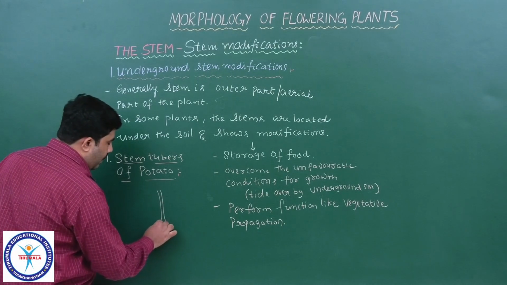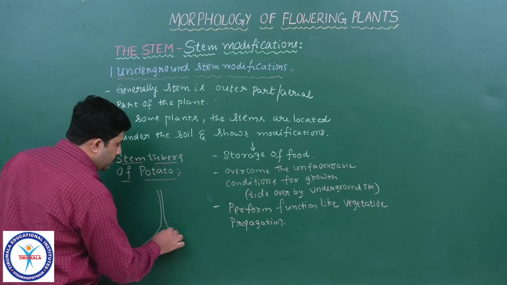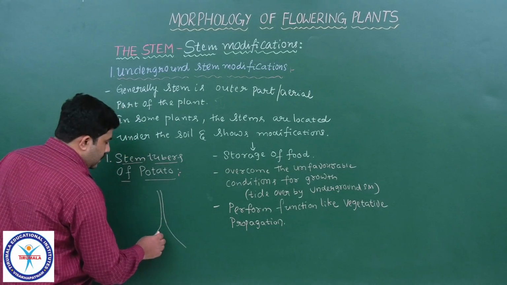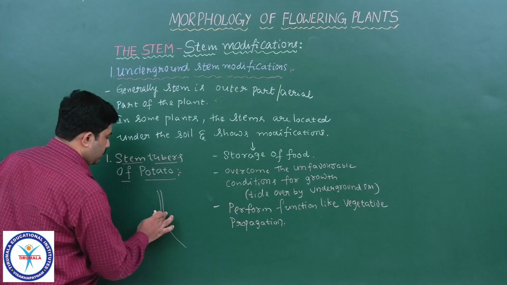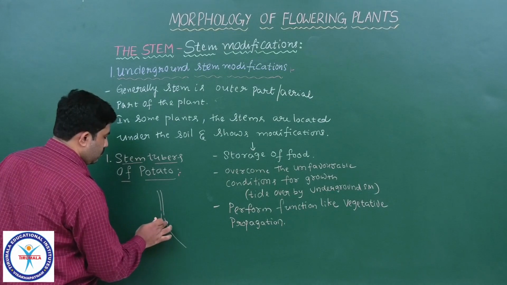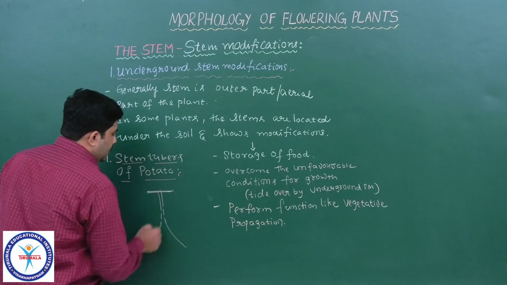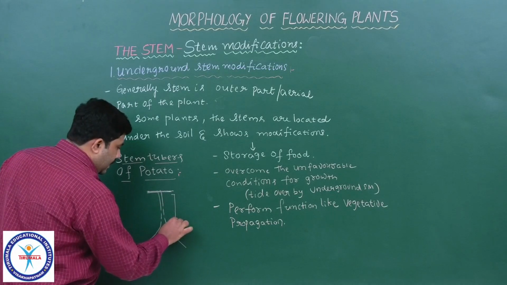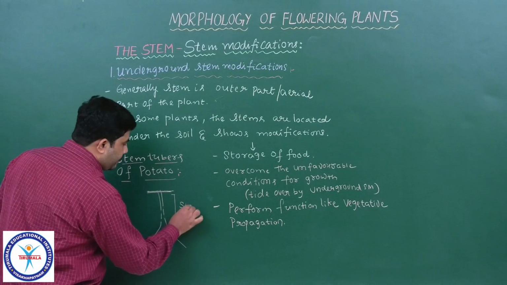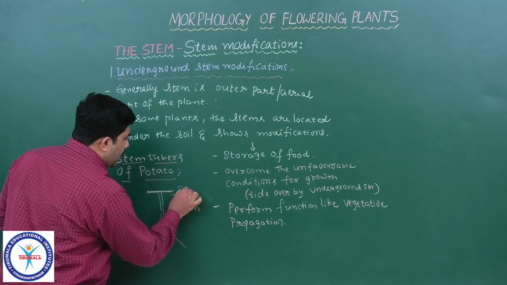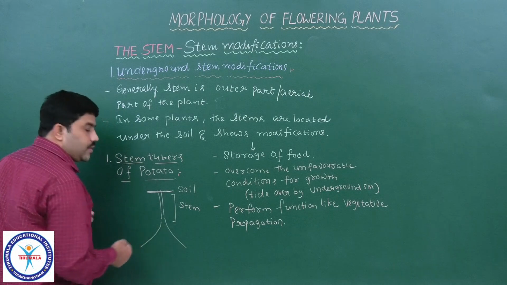Suppose this is a potato plant. The underground part, from here to here, is the portion we are calling the stem, but it is under the soil. Under the soil this stem portion is there, na?